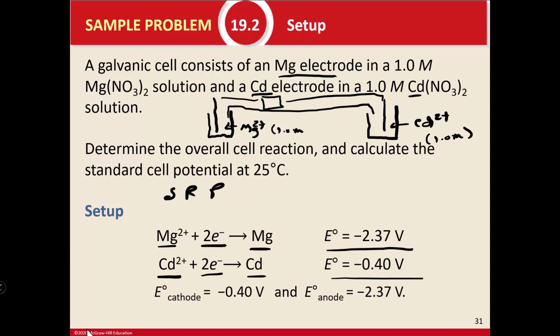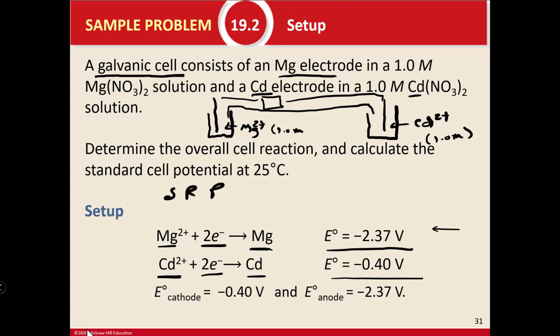0.40 volts. So when you look at this, it says galvanic cell, so it has to be spontaneous. That means one thing is going to lose electrons, and the other is going to gain. The magnesium is going to oxidize and go this way, so that makes it a positive 2.73, a larger value.